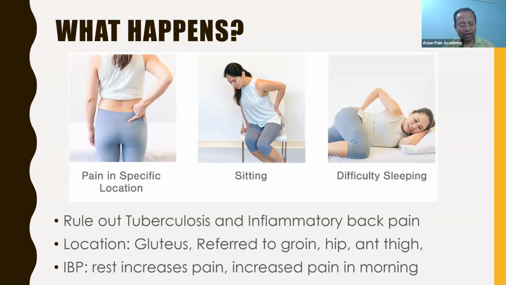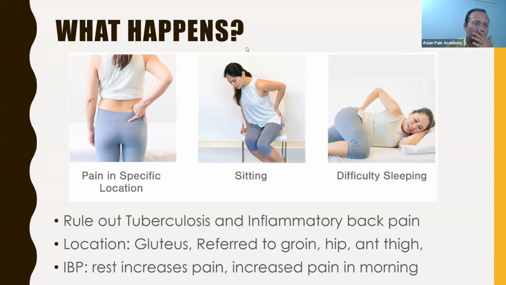There is a difference between radicular pain and referred pain. Radicular means it is following a dermatomal pattern, a specific nerve dermatome, the pain is going down, like L5 radiculopathy or L4 radiculopathy. In L5 radiculopathy, the great toe is affected but not the other toes. So it is a typical dermatomal pattern.